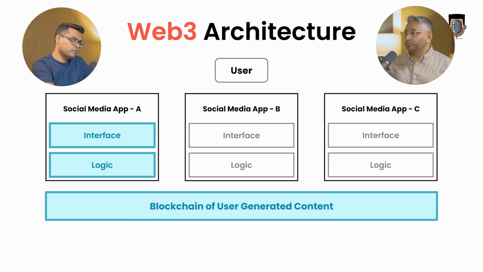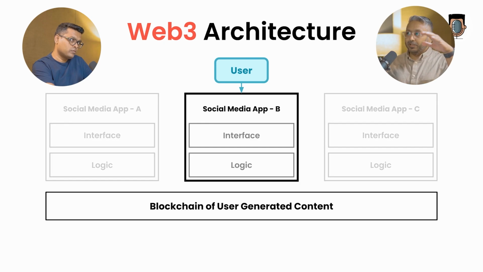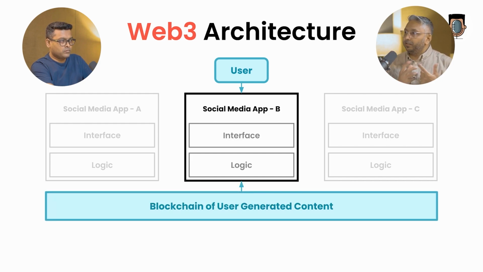Now imagine what the structure is. I go to application B, which does things a little differently on the interface and the logic layer. I don't have to transfer all my generated content over again to application B. It's all available right there. Using my own cryptographic key, it can be decoded and used by application B to present an entirely different experience.